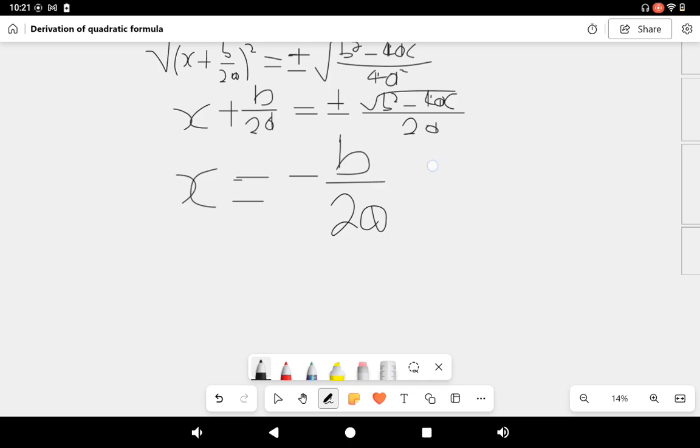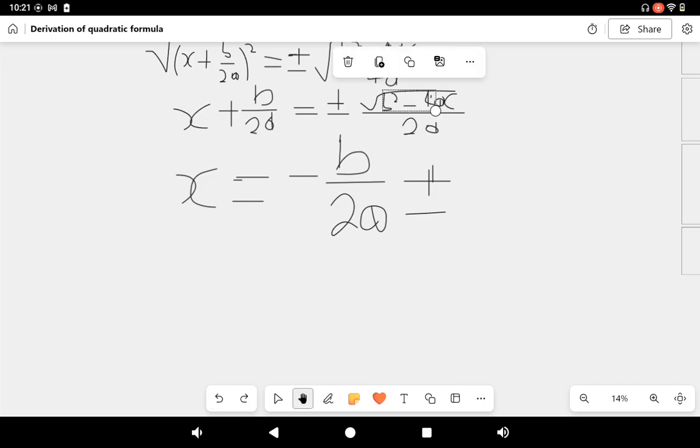Then again plus or minus our square root. Oh, can't I just copy that? Let me try, because to rewrite this thing over and over again is troublesome. Let me see. Yeah. And can't I just copy everything else? No, look, now I've resized the whole thing. I want to copy this whole thing.